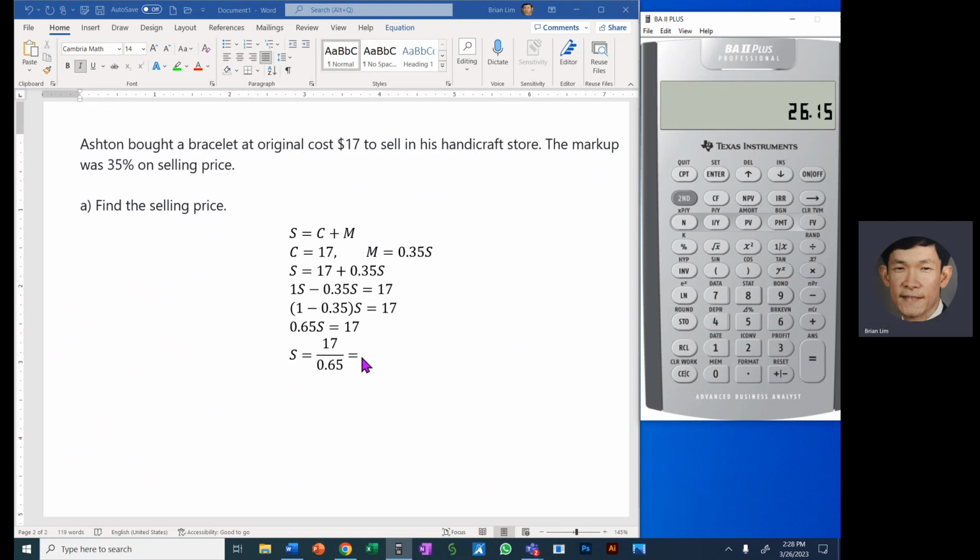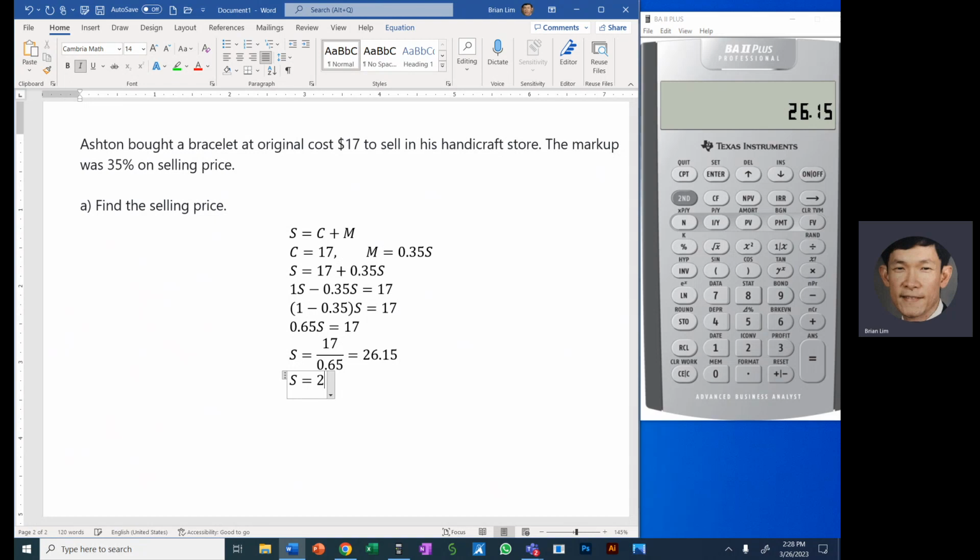It will give us the correct answer, which is $26.15. Or we could execute this division as it shows there and go 17 divided by 0.65 is equal to $26.15, as we see right there.